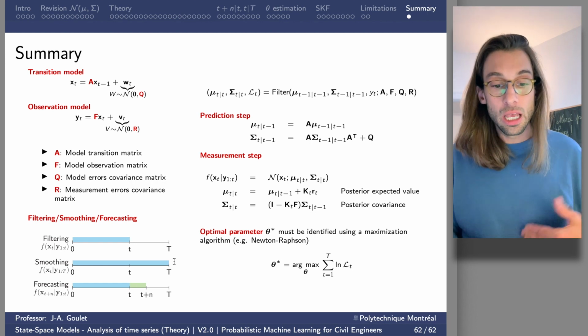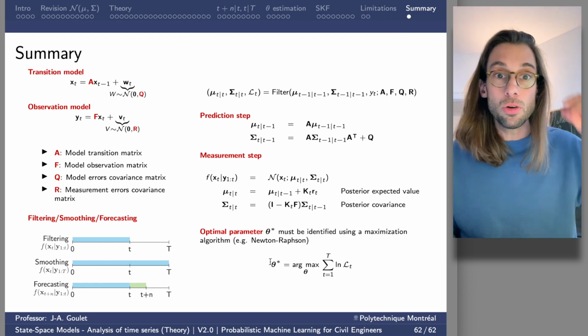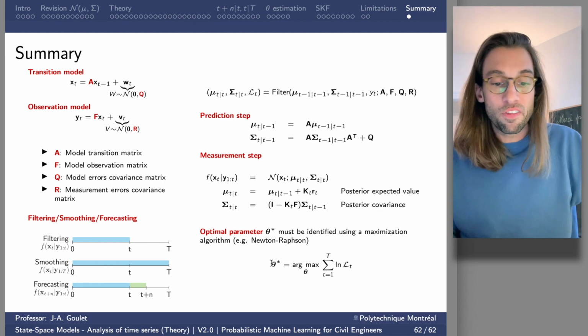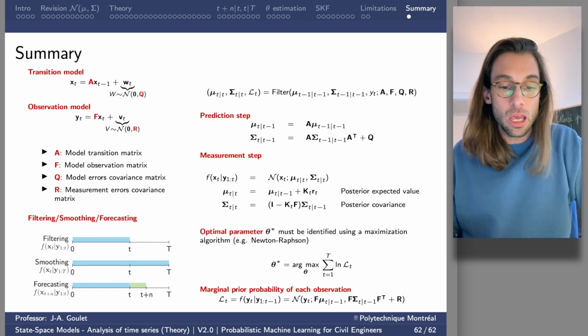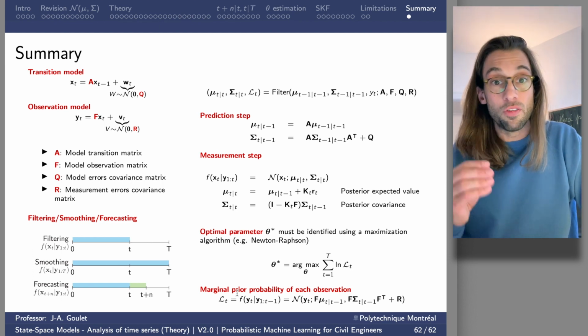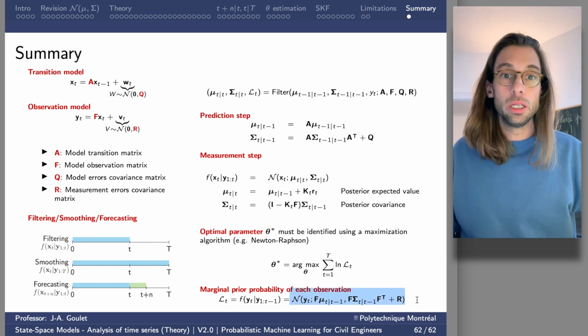How do we do this? By using, for instance, a maximization approach, where we use MLE to find the optimal parameter values that maximize the sum of the marginal likelihood, or the sum of the log likelihood at each time t, where the marginal probability of each data point is given by this quantity, which is jointly normal.